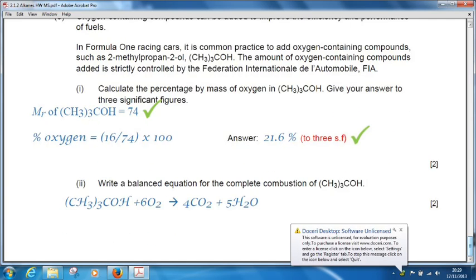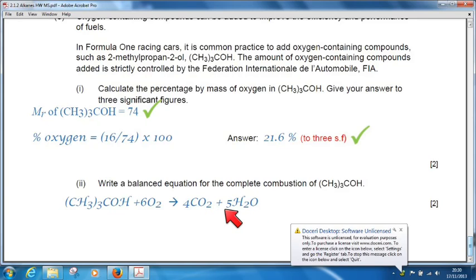Final part of the question is ending with a balanced equation for the complete combustion. Complete combustion means there is no carbon monoxide forming, only carbon dioxide forming, as is stated over here. Best way to do this equation, always put in the reactants plus O2, and of course we're told in the question you're forming CO2 plus H2O.